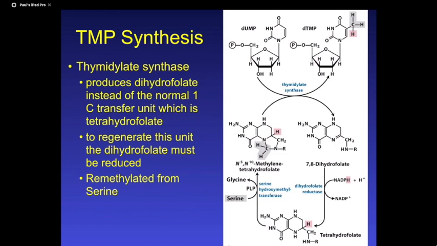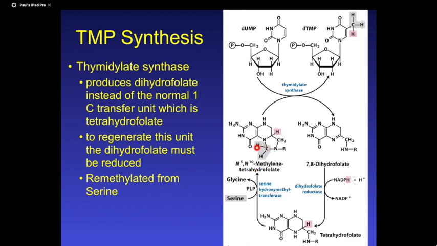To make the T, we use the deoxy UMP, and so it was created as the diphosphate, has to be dephosphorylated for it to fit into the next enzyme. And what we're going to do is take the proton off and add a methyl group. Well, to do that, we're going to have tetrahydrofolate carry a methyl. But it's in a strange way.